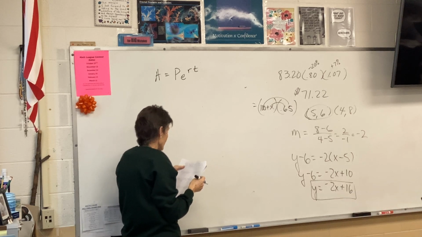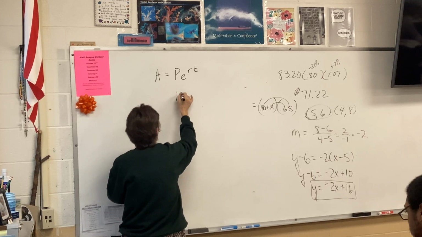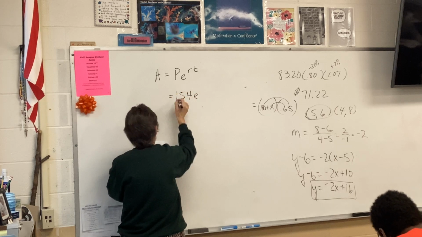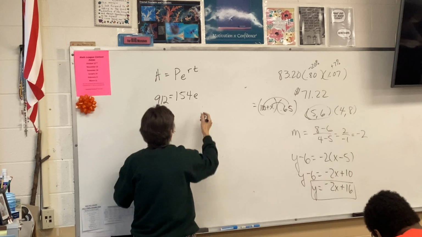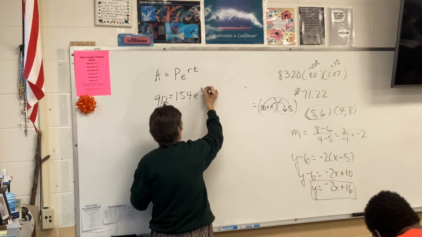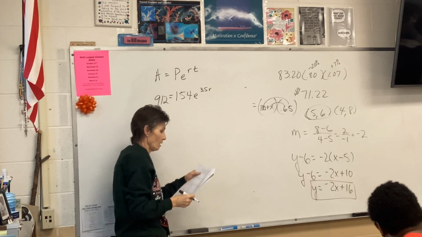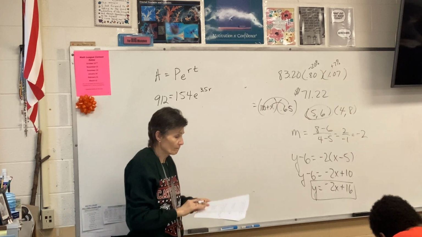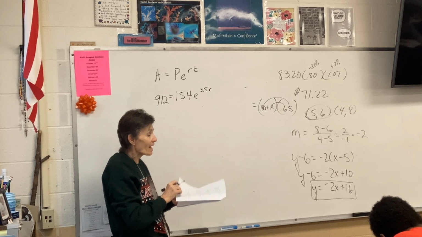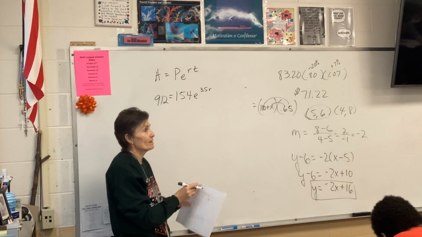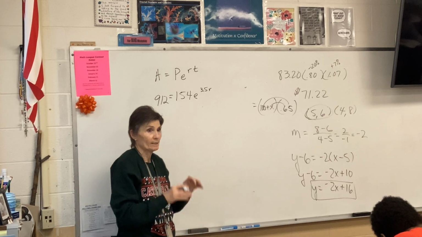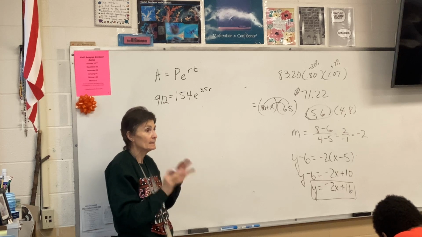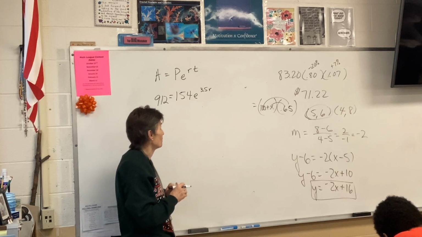Find the growth constant, we're going from 154 to 912 in 3.5 hours, and I do not know r. That's what I'm looking for. Now, is that 3.5 a percent? No. So don't change it. Leave it alone. It's not a percent.